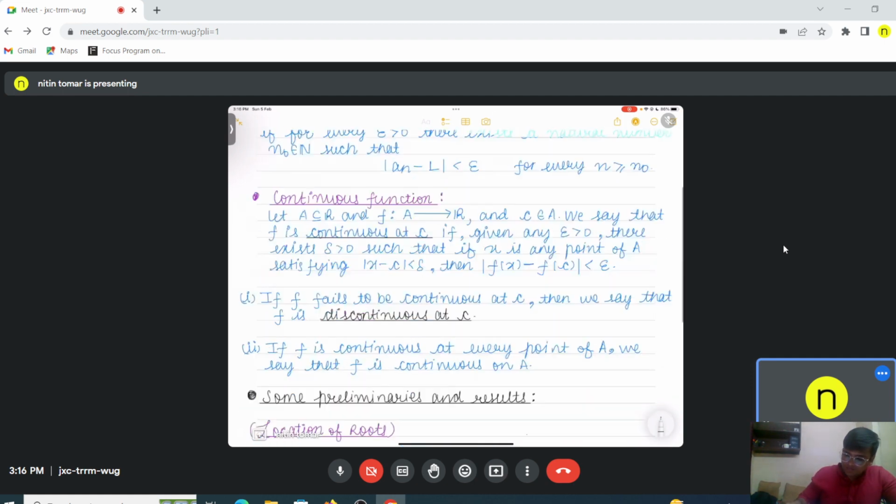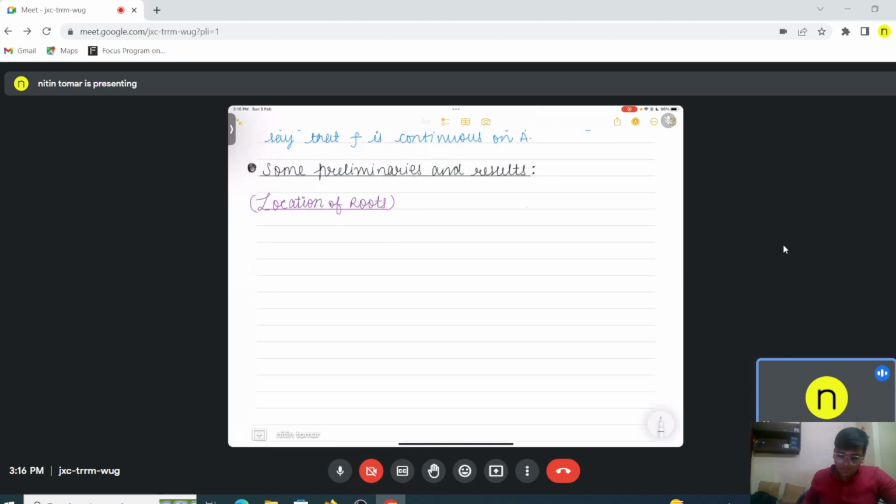Okay. So now we are up onto this location of roots theorem. So what does it say? One thing I would like to say, if you have any doubt, however trivial it may seem, please ask. Stop me and ask.